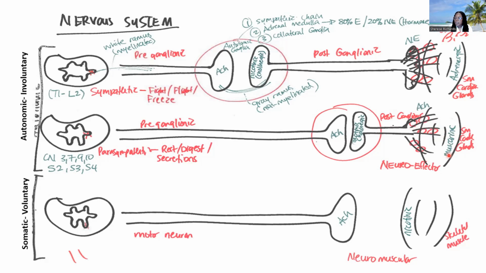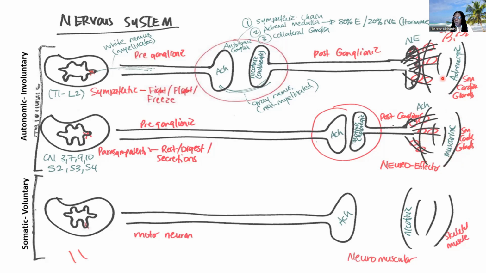So muscarinic receptors are cholinergic because they can bind acetylcholine, but they're metabotropic in that they are slow, they have that signal cascade, second messenger involved, and so that's going to be a slow, specific, tailored response depending on exactly what tissue we're looking at.